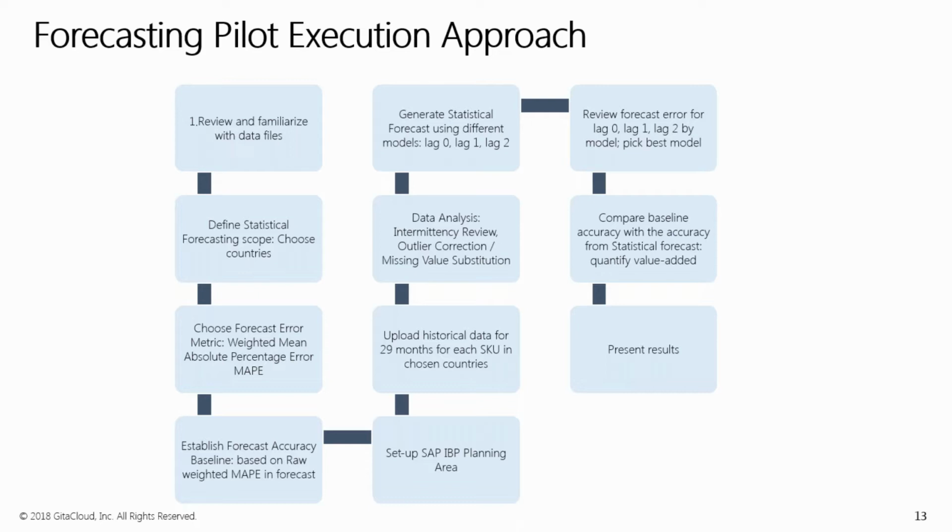One is coming up with what we call a baseline forecast accuracy. In other words, the way Dabur has been forecasting their SKUs. And the second is the way we used time series models like smoothing models to come up with a better forecast. So let me quickly go over the different blocks here.